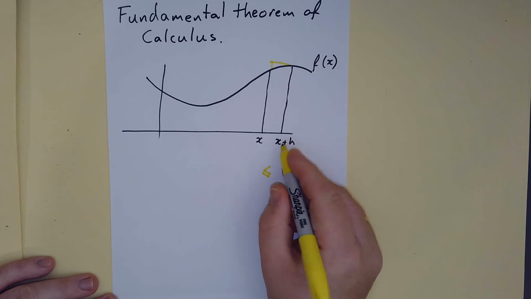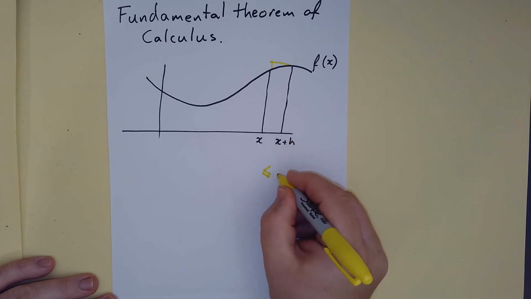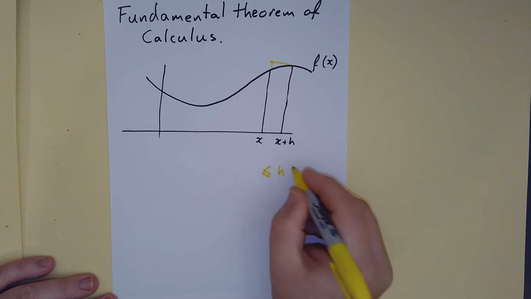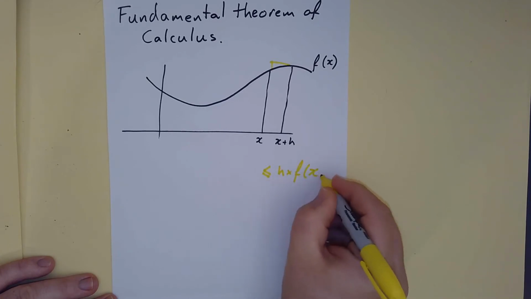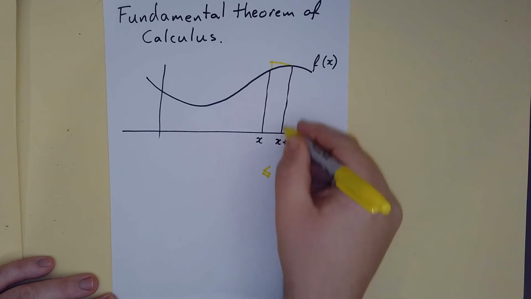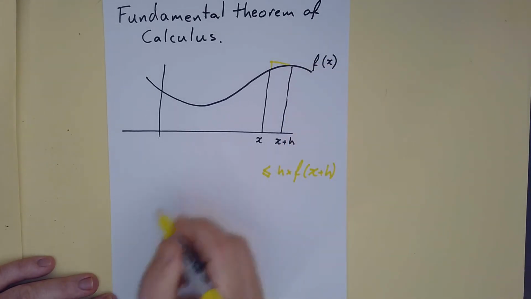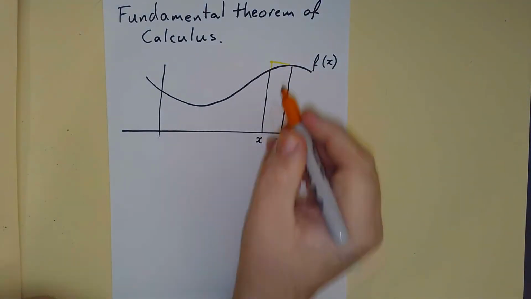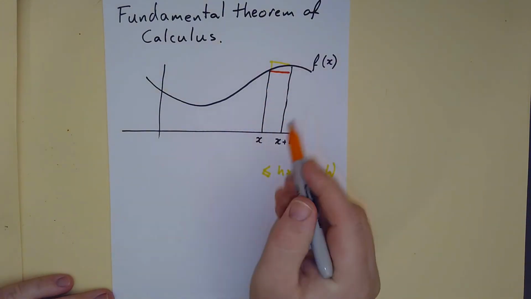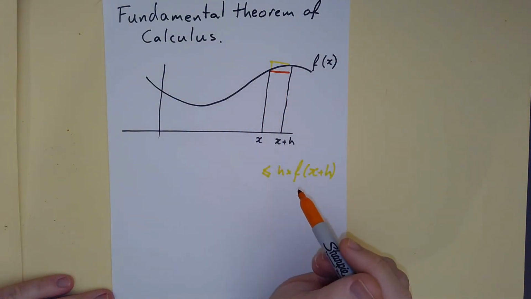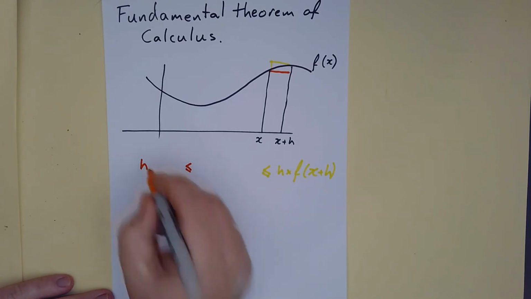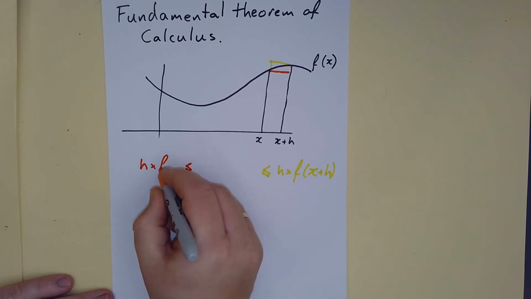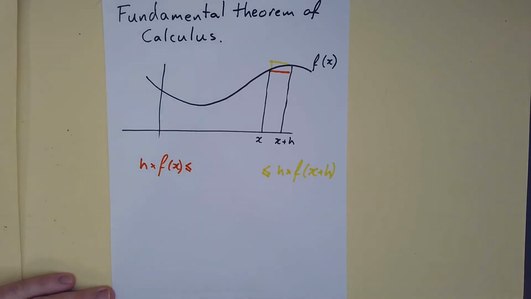So that would be a width of h and f of x plus h, because it's the height at x plus h. And it's going to be bigger than the rectangular rule at the left-hand side, which would be h times just f of x. So we know it's going to be bounded in there.